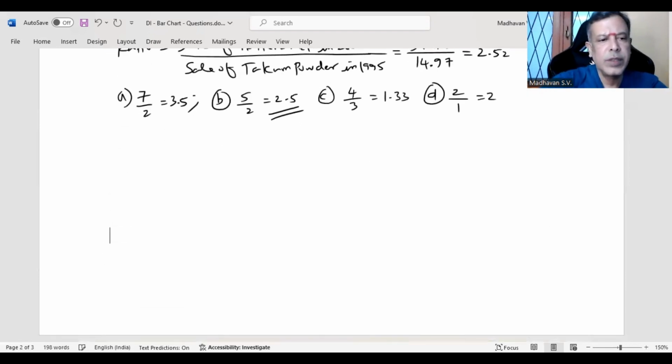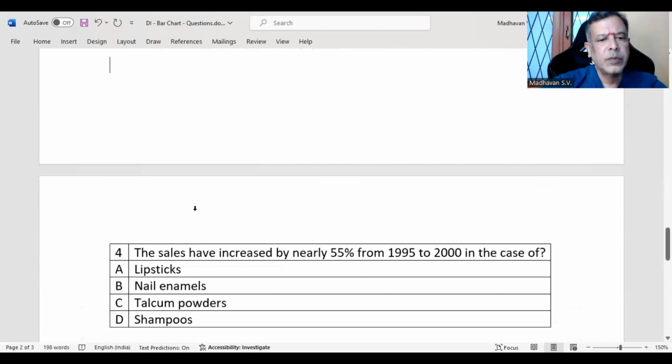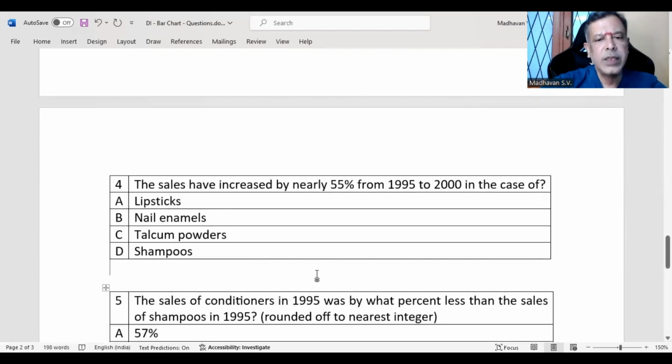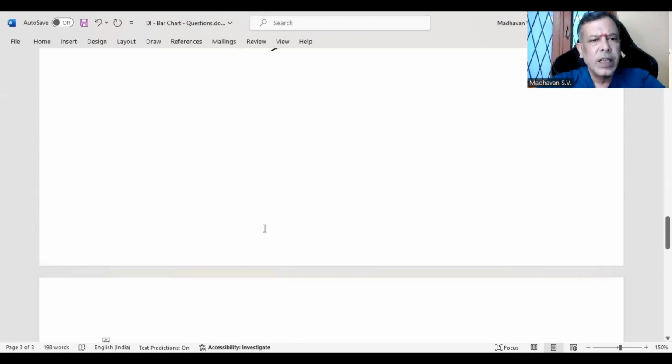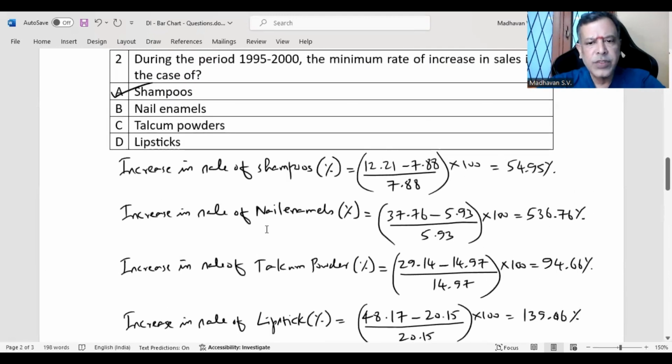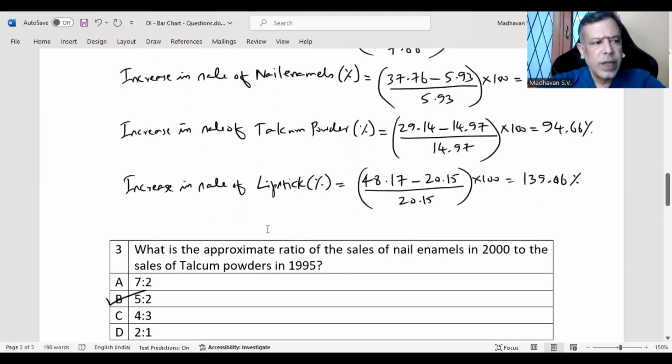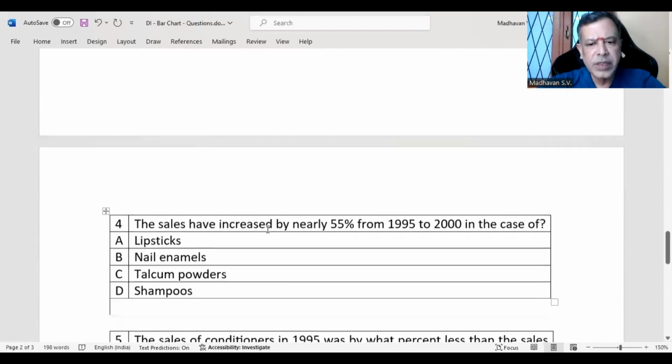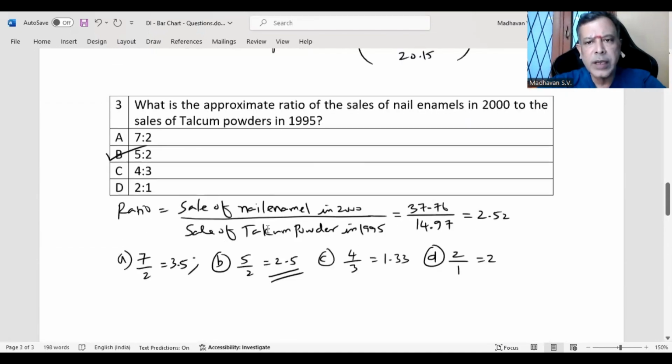That is the fourth question. The sales have increased by nearly 55% from 1995 to 2000 in case of, they gave us some products. Already we calculated sale comparison from 1995 to 2000, not in first question, second question. They are asking us about 55% sale, which product has gone up like that.